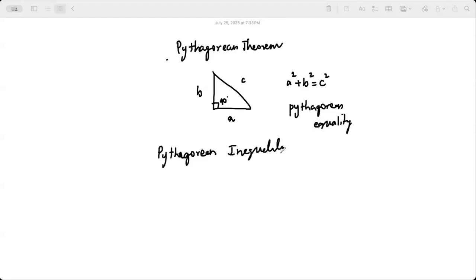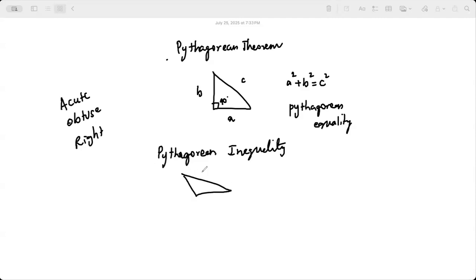Basically, the Pythagorean inequality is used when you want to determine, if they give you the sides of a triangle, what type of triangle it is. It can be acute, obtuse, or right.